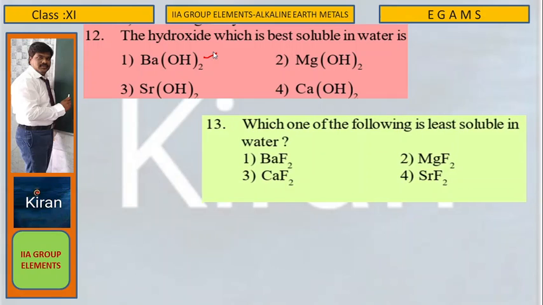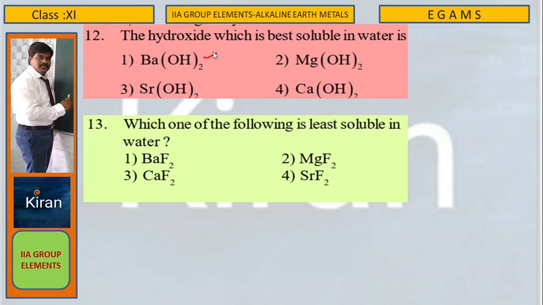Which one of the following is least soluble in water? Here I have taken fluorides: barium fluoride, magnesium fluoride, calcium fluoride and strontium fluoride. Which will be least soluble in water? Same pattern, go to option 2.